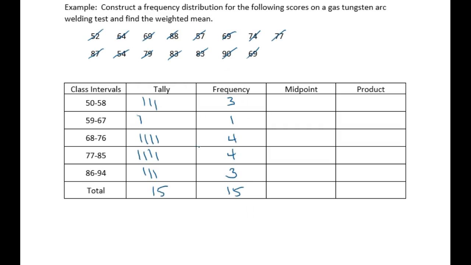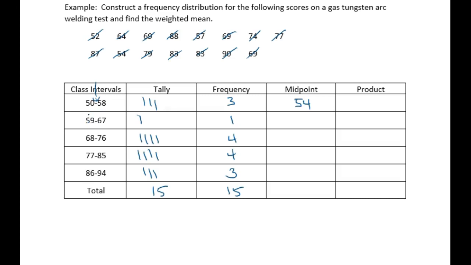So those are my frequencies, and I'm going to be using that as part of my weighted mean, but we need another number to multiply by. We need a unique number to do it. We can't just multiply by every single number in our range. So what we're going to do is find the mean, or the midpoint, of each of our classes. So 50 plus 58, and then we divide that by 2. So our midpoint in this case is 54. That's what's right in the middle of our class boundary.